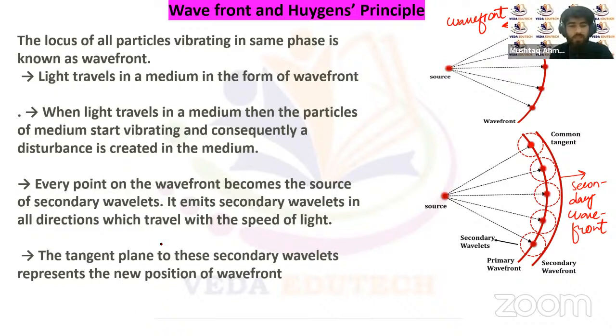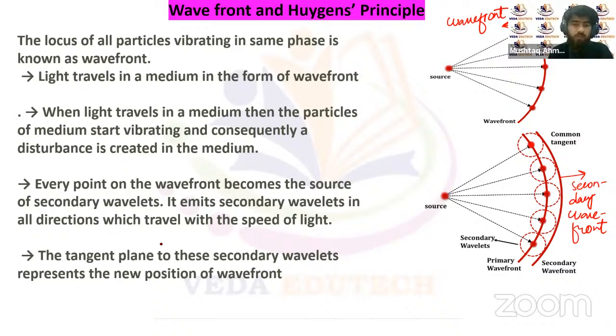So these are the basic principles given by Huygens. According to Huygens, light travels in the form of a wavefront, and a wavefront is the locus of all particles vibrating in the same phase. The secondary wavefronts are drawn by drawing spheres, taking the particles of the wavefront as centers.